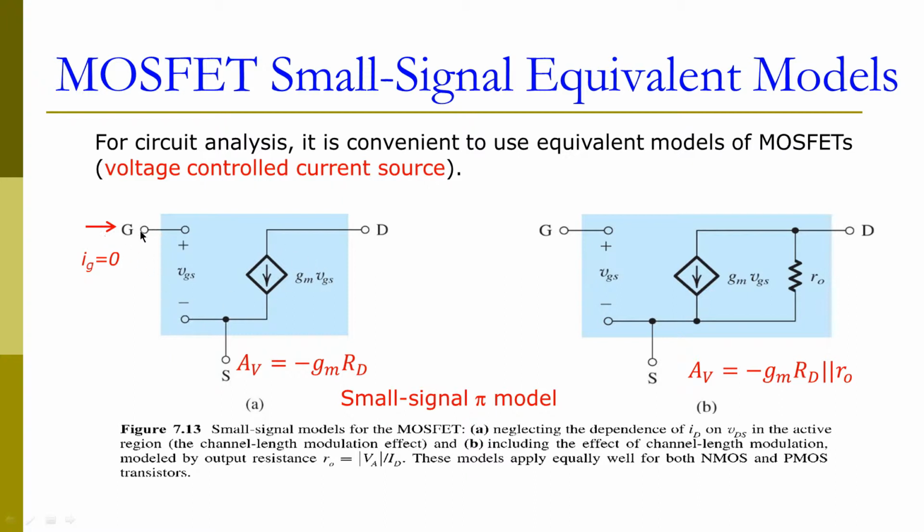So the voltage applied at the gate will control the drain current. Remember, there's no current into the gate. If we consider the early effect, then we need to include the output resistance ro here. This output resistance needs to be in parallel with this current source.